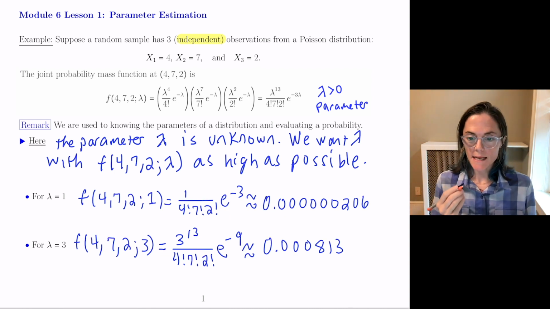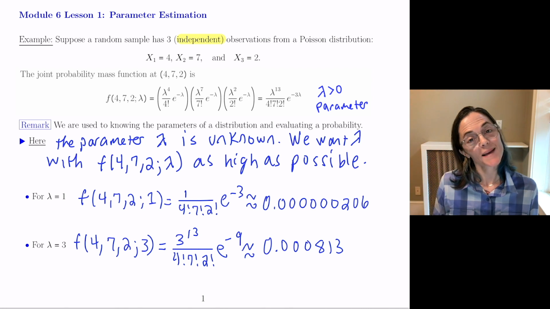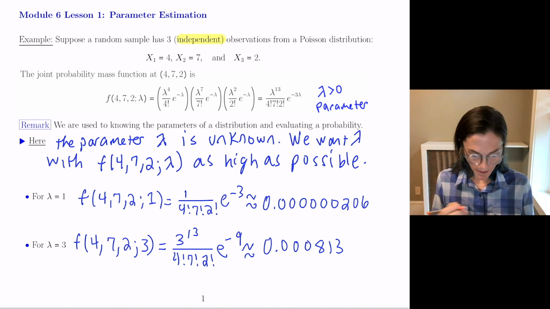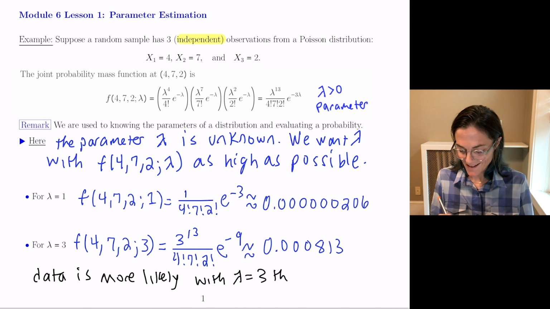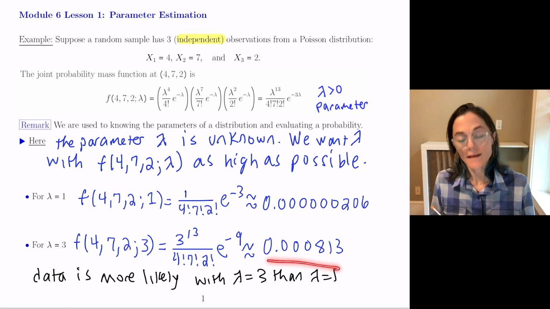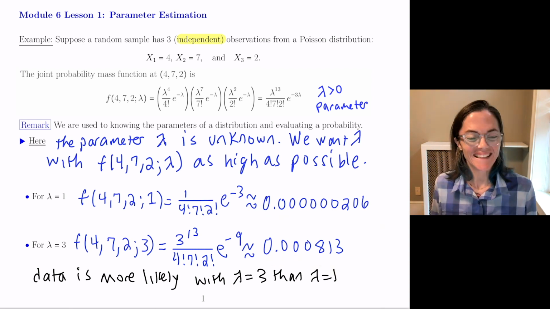Well, just by testing lambda equals 1 and lambda equals 3, it seems that our random sample, the data, is more likely with parameter 3 than parameter 1, because this number is bigger than this one.